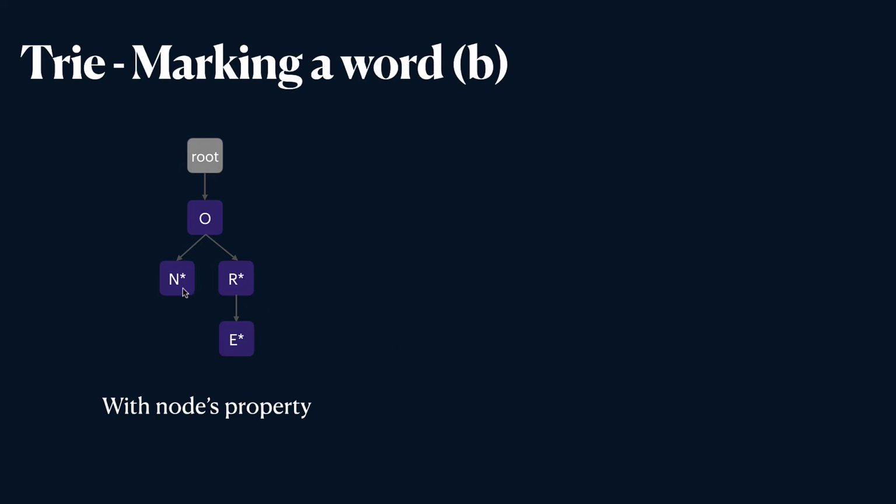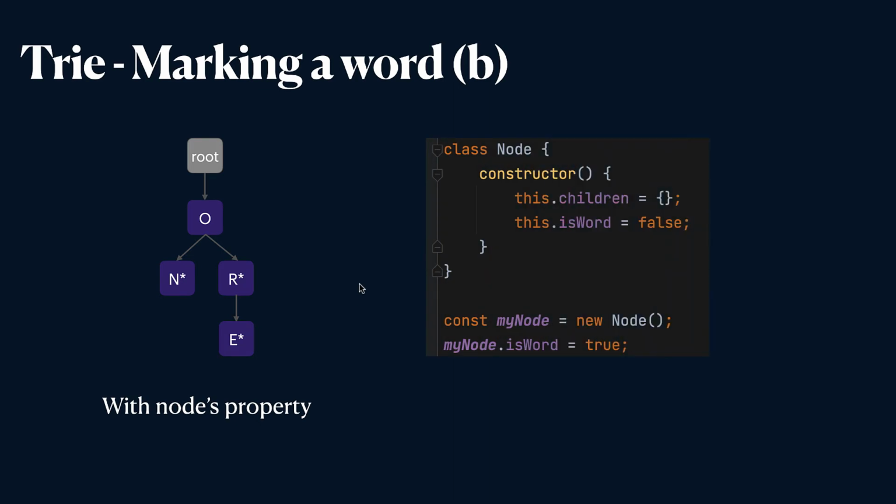We just have a node and we have a special property for every node that can mark it as a word or not. Of course, that requires allocating memory for that, for every character or every symbol or every node that we have, even though maybe most of them won't be the end of any word, but it looks like this.